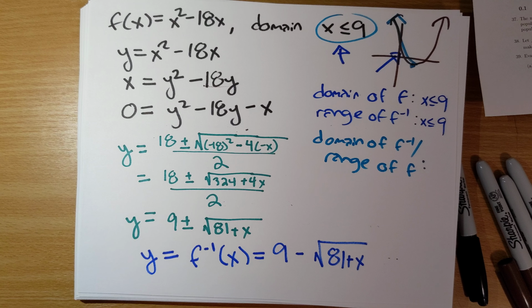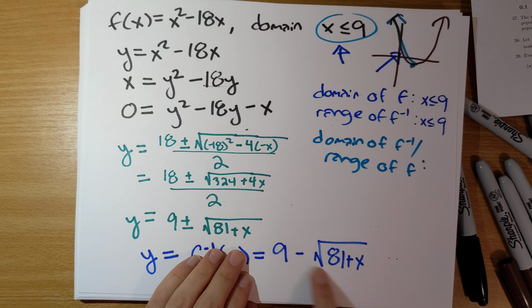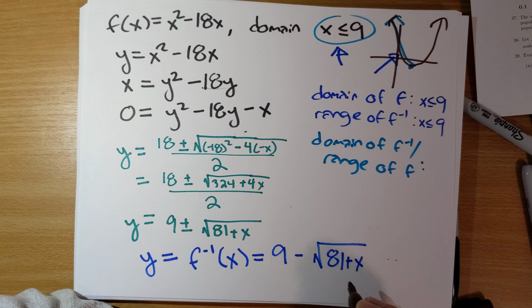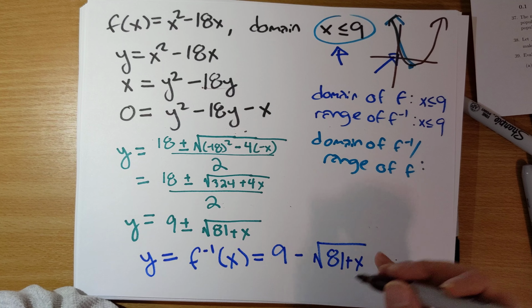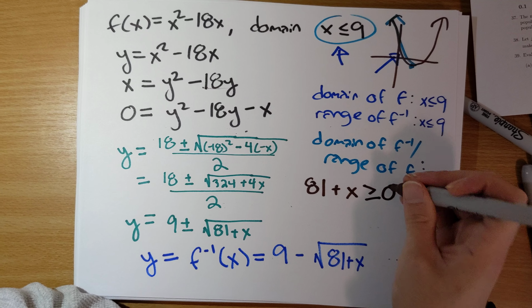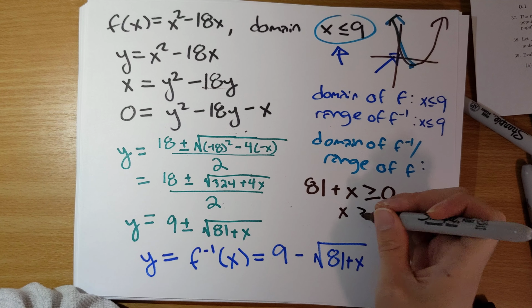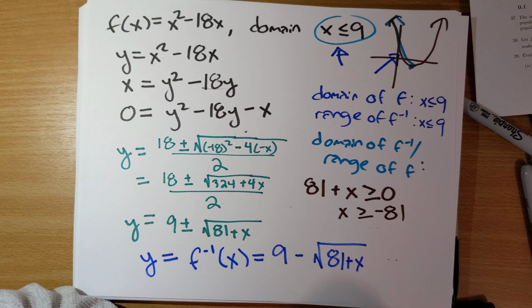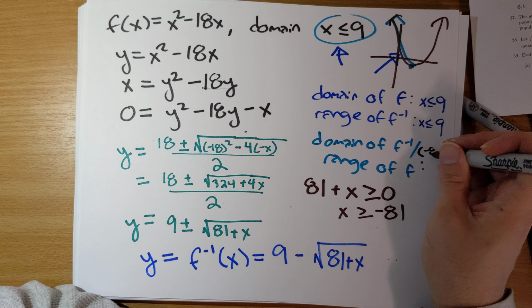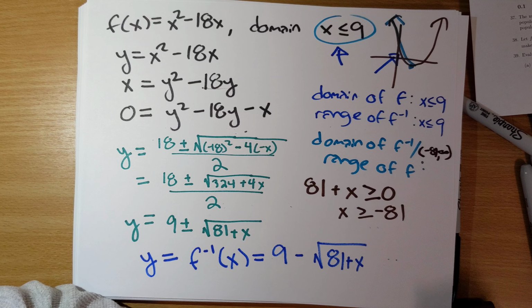What numbers can we plug in here? We can plug in any number x as long as the thing under the square root is at least 0. So x needs to be at least negative 81. In interval notation, this is negative 81 comma infinity.